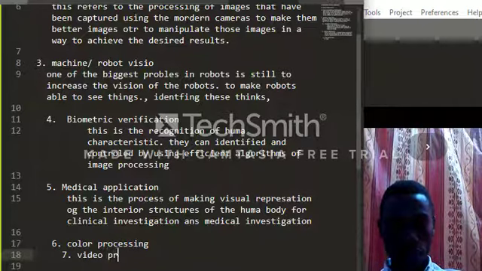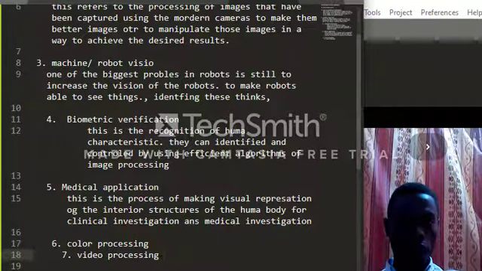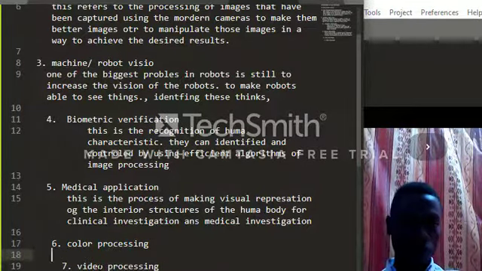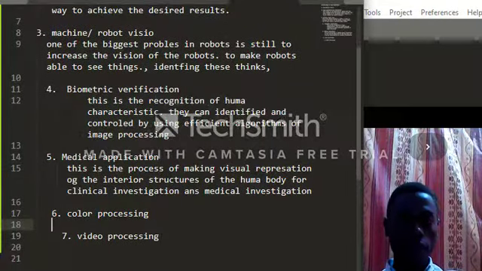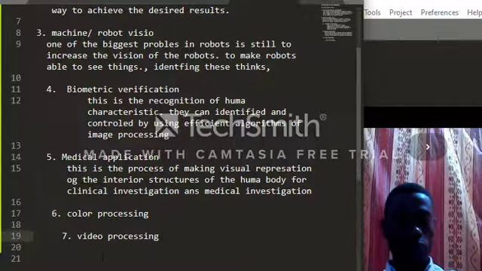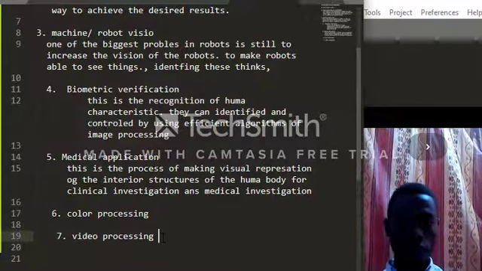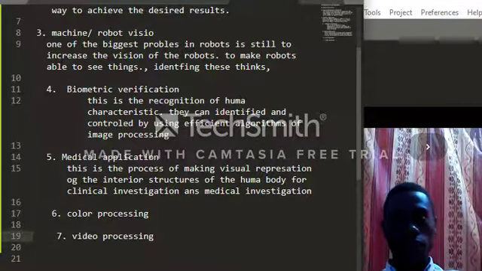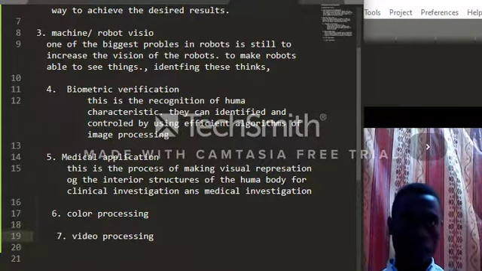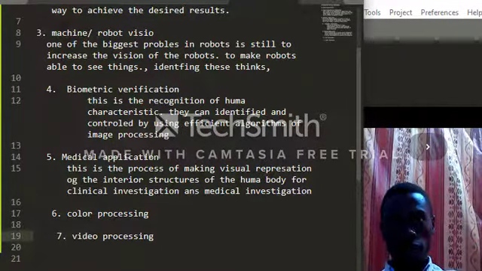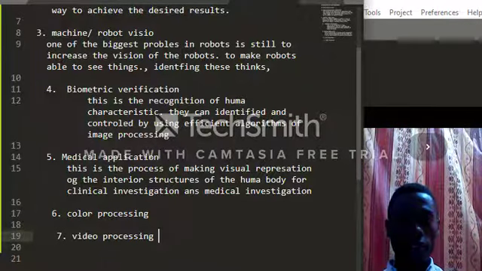So the other, seventh application can be video processing. We know that image processing can also be applied here. Let's say you have a recorded video of 1 hour, and you want to pick out some instances, let's say there were some people who were fighting and you don't know when they fought.